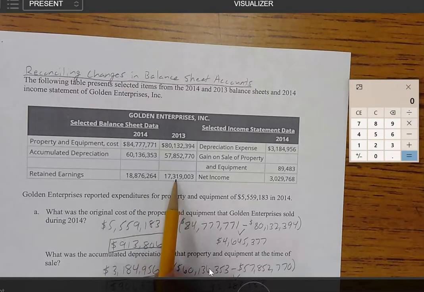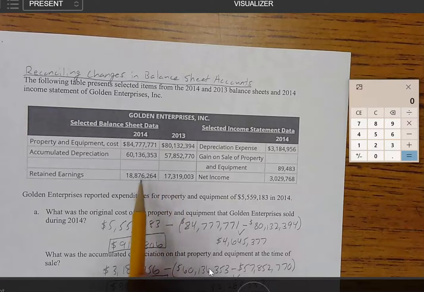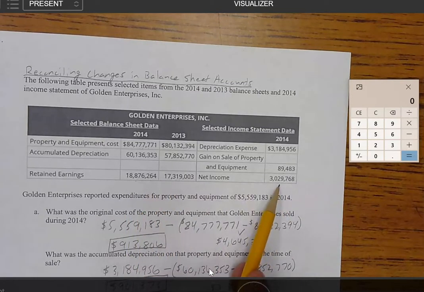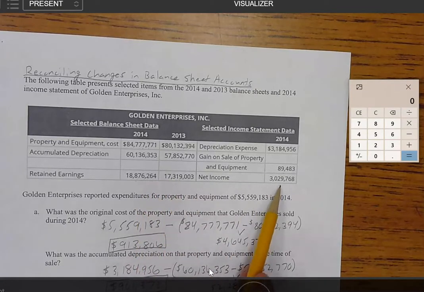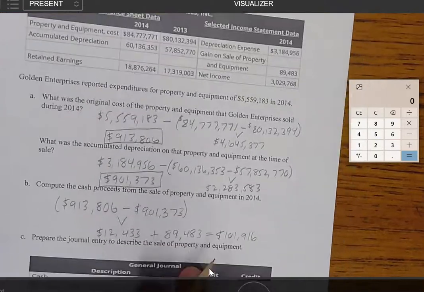At the end of last year we had $17,319,003 in retained earnings. Now we have $18,876,264. So it went up, but that's a lot less than net income. So whatever this difference is between these two figures subtracted from the net income will give us the amount of dividends paid. So let's go ahead and set that up down here.